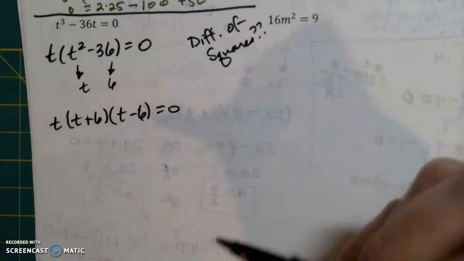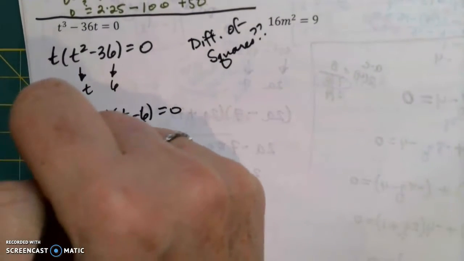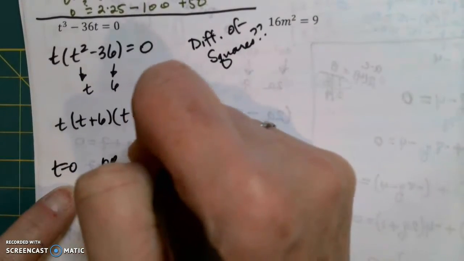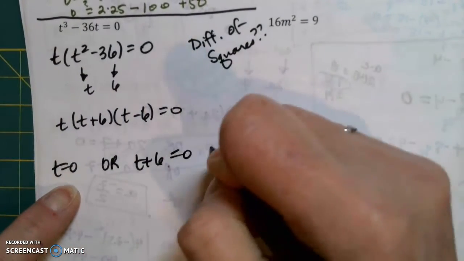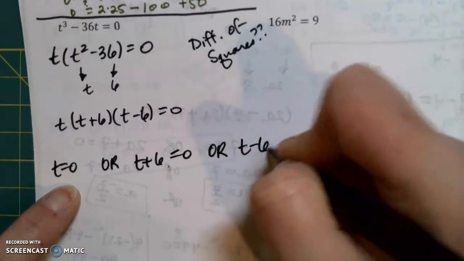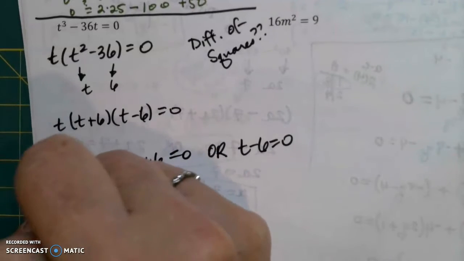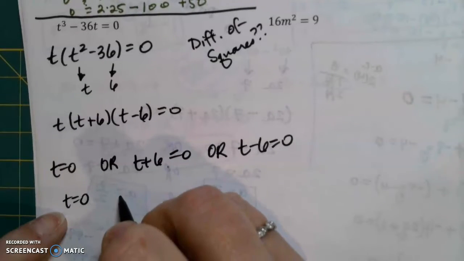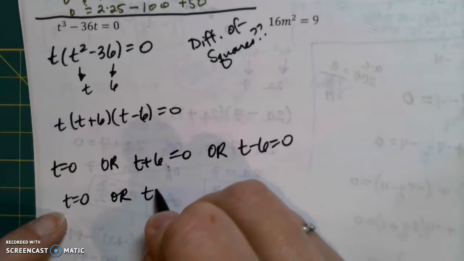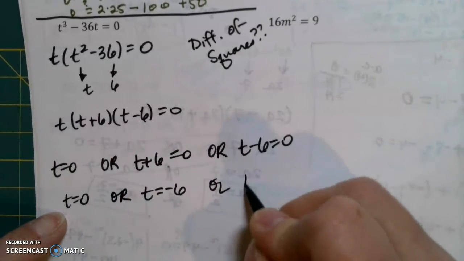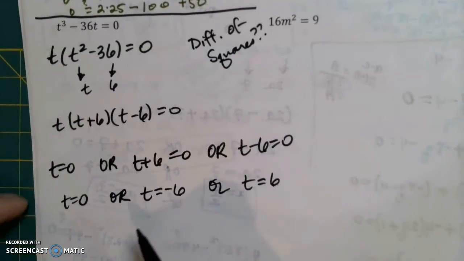So we're good to go with our method here. So t equals 0, or t plus 6 equals 0, or t minus 6 equals 0. And solving, of course, that's just t is 0, or t is negative 6, or t is positive 6.